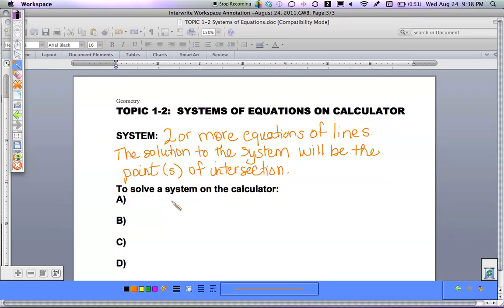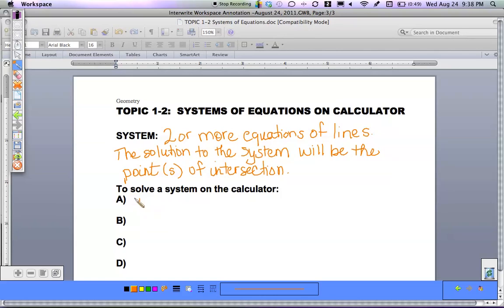So first of all, there are several different methods for solving a system of equations. Today we're going to be using our calculators. Later on we'll be learning how to do that algebraically. But really the only algebra involved in our solving today is the very first step. As you know, the only way to put an equation into the y equals section of the calculator is to actually solve for y.